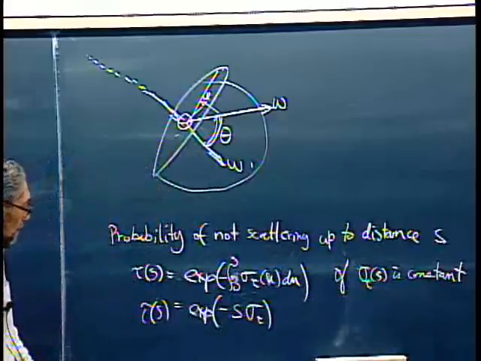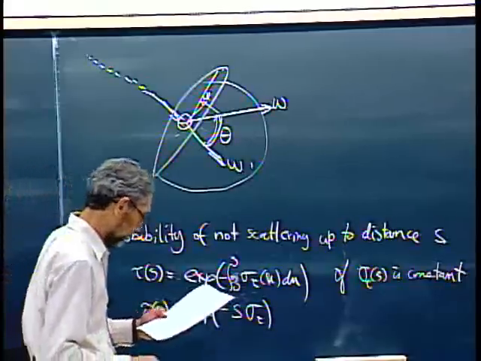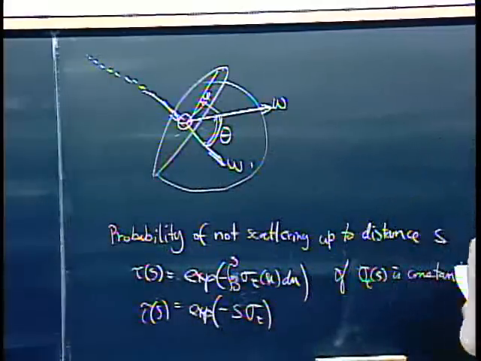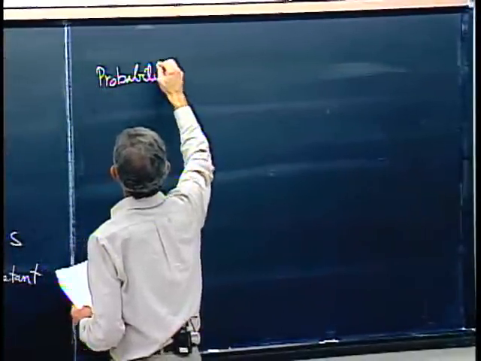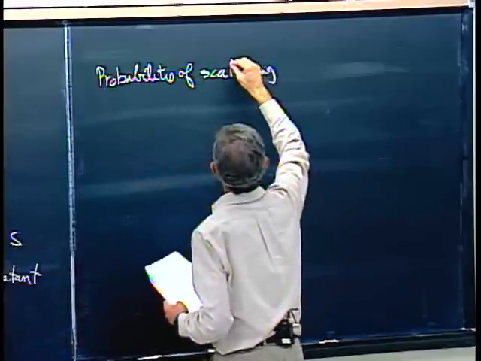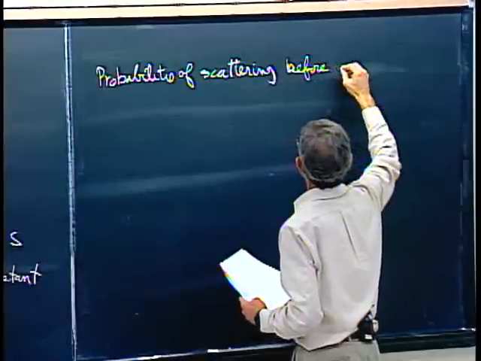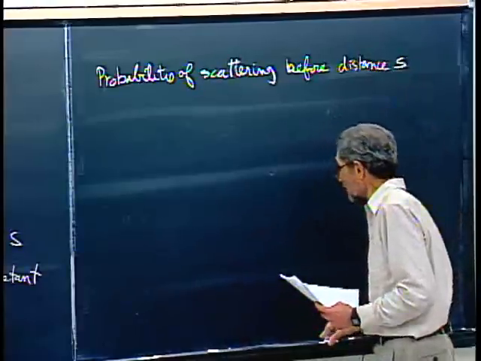So that means the probability of scattering before distance s, that's the opposite case.